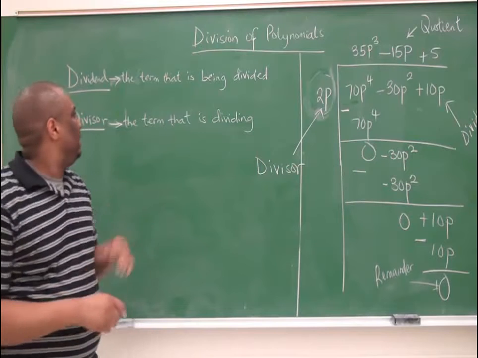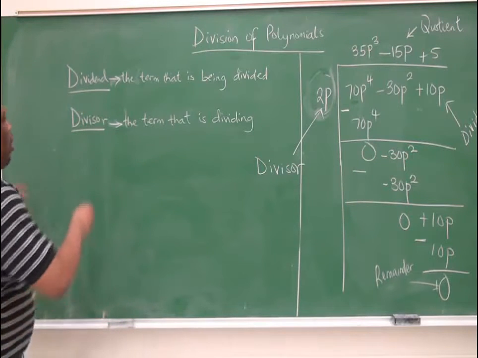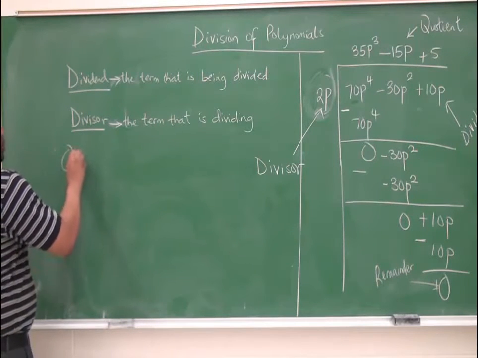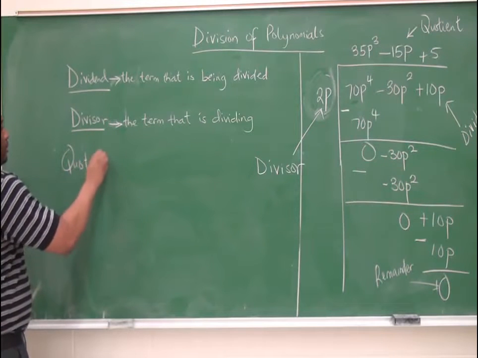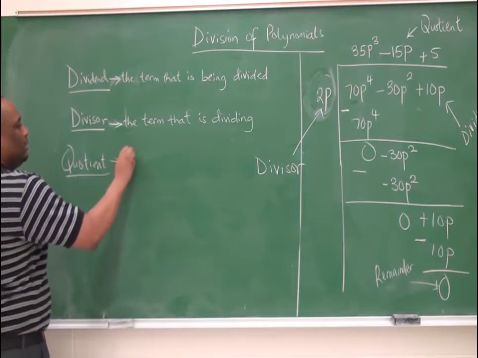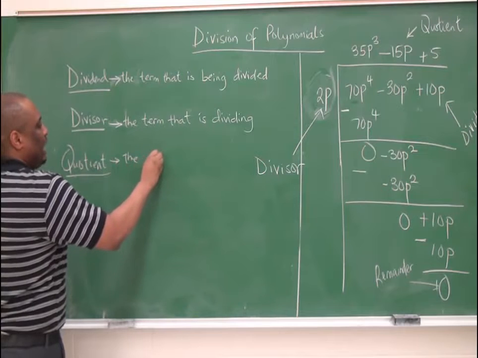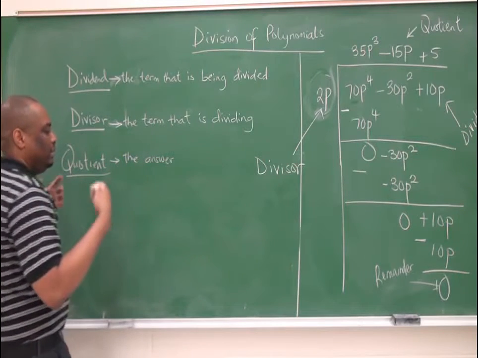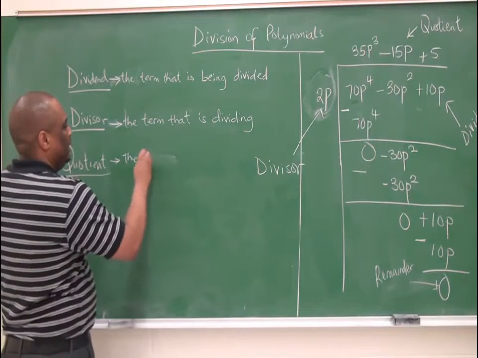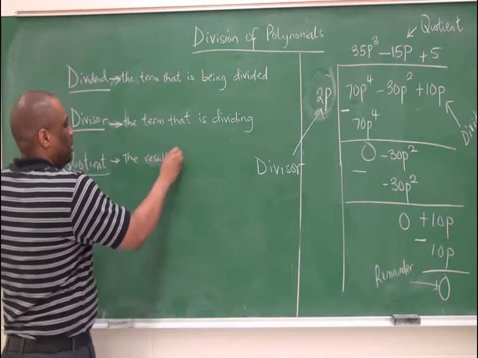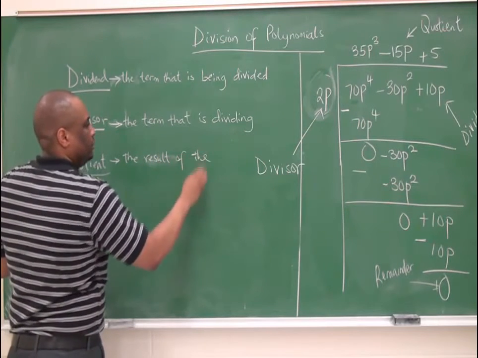The term that is dividing is what we call the divisor. Quotient is the answer you get, or the result of the division.